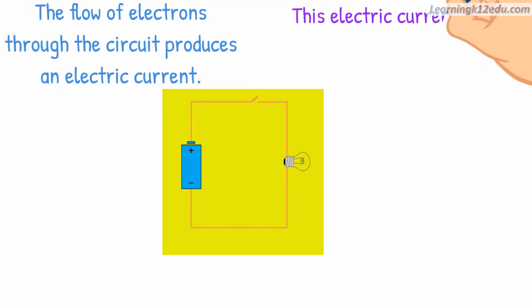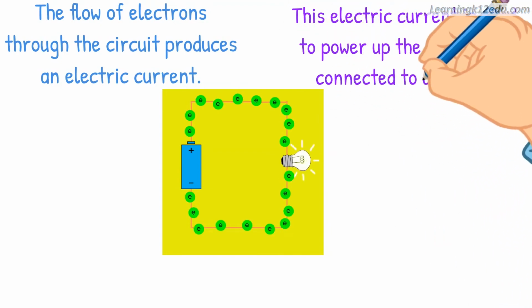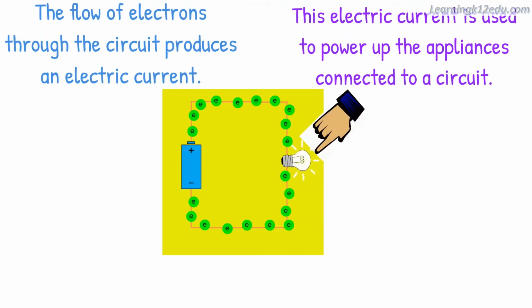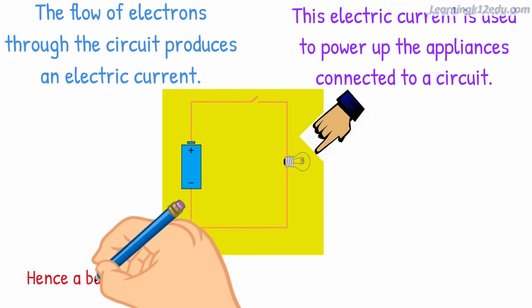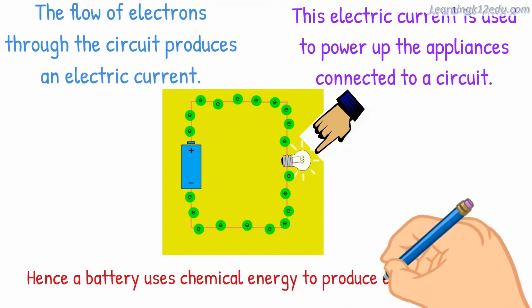This electric current is used to power up the appliances connected to a circuit. Hence, a battery uses chemical energy to produce electrical energy.